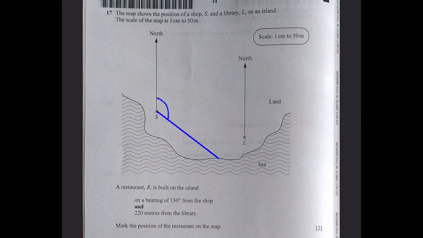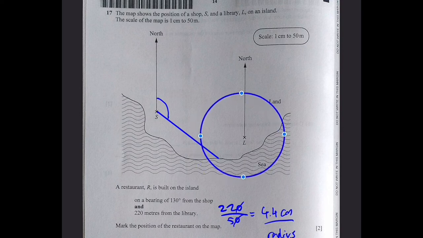Every 1 centimeter represents 50 meters. So if we have 220 meters, you have to divide by 50. So the answer is 4.4. How to draw 4.4? Open your compass to 4.4 and draw a circle. From the point of intersection, here we have the position of the restaurant.